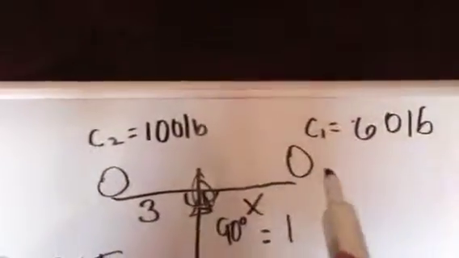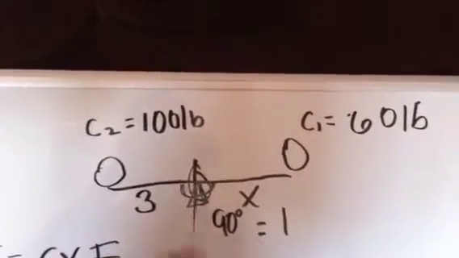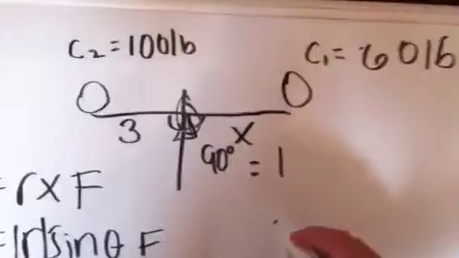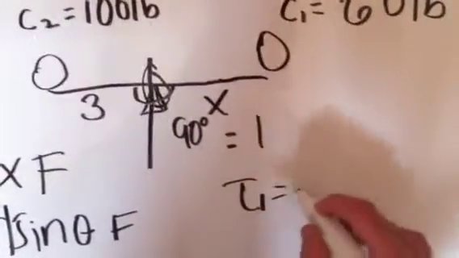Okay? And the torque of child 2 and the torque of child 1 both act on the middle, and they are balanced. It's important to know that they are balanced. So torque of child 1 equals torque of child 2. If we expand this with our definition, we substitute this in.